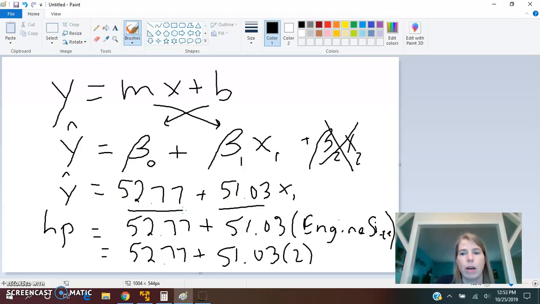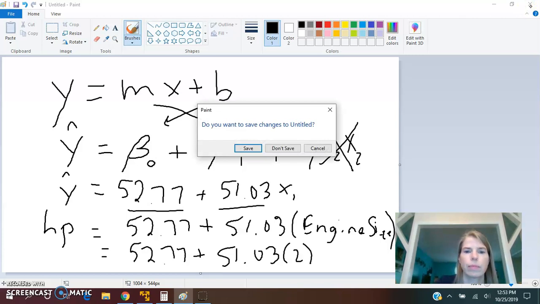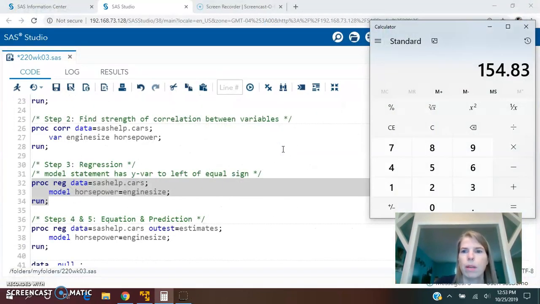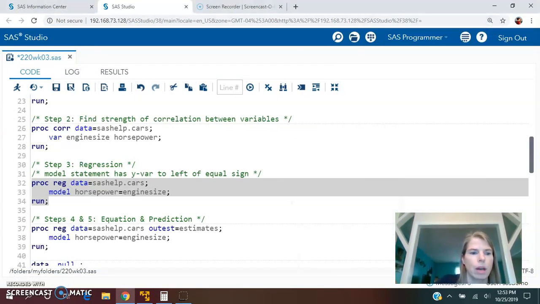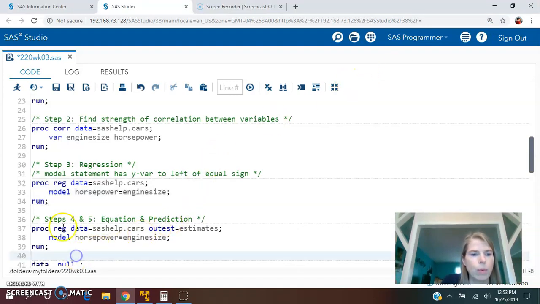What we're going to do now is preserve all of the digits and do this programmatically so that there's no room for error. So let's go back to SAS. We will minimize our calculator here and compare what we get programmatically with what we approximated. All right, so programmatically, we would run the same proc reg step that we just did, but include the following option.